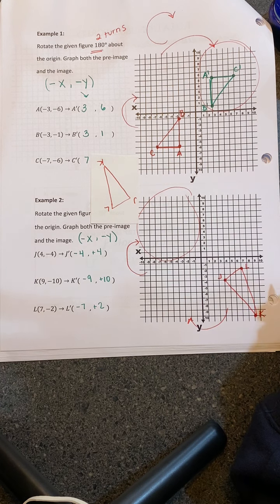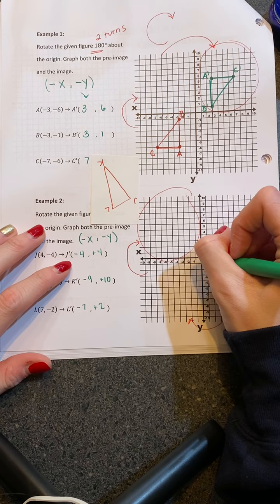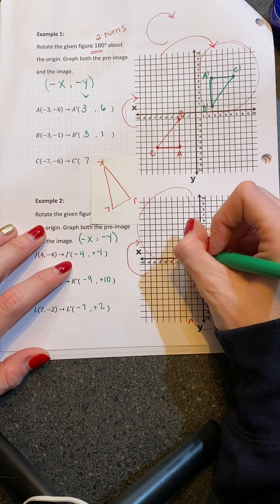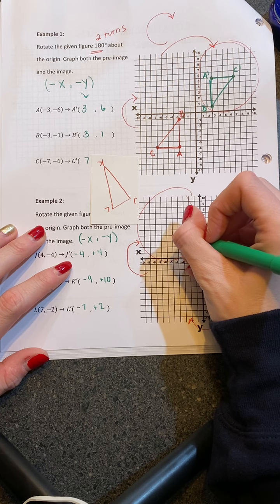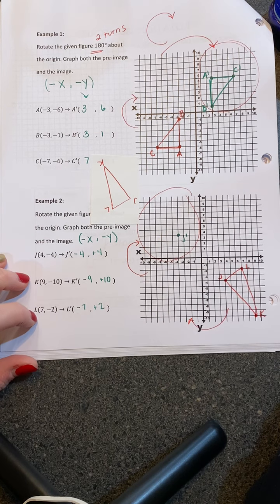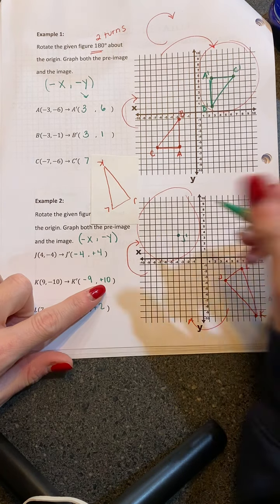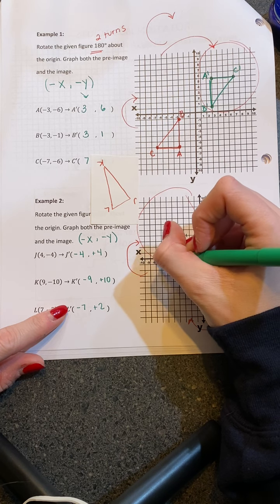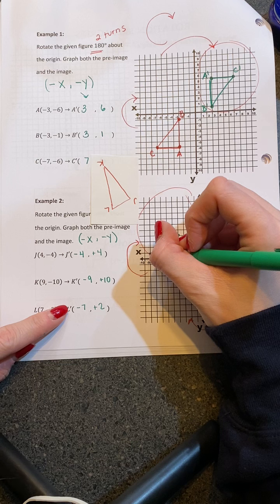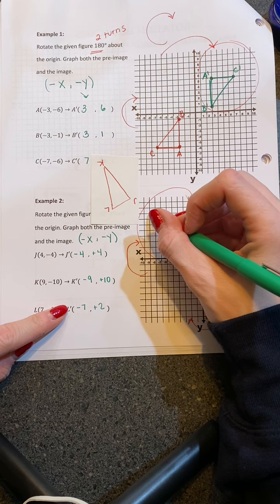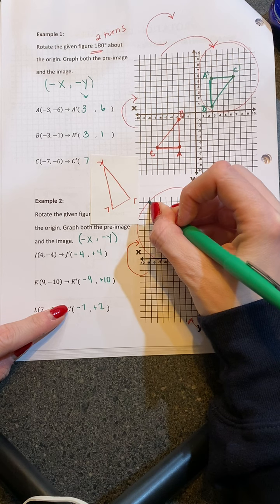So now let's graph our image. So negative 4, negative 1, 2, 3, 4, positive 4, 1, 2, 3, 4. And we're going to label that J prime. Then we have negative 9, 10. So we're going to go negative 1, 2, 3, 4, 5, 6, 7, 8, 9. It's up 10. 1, 2, 3, 4, 5, 6, 7, 8, 9, 10.